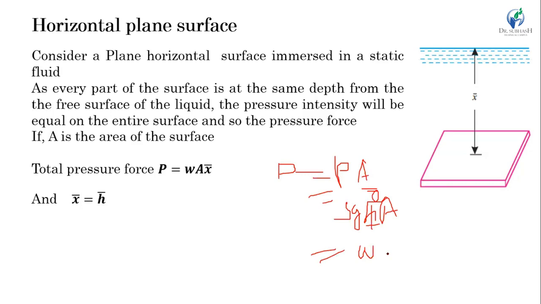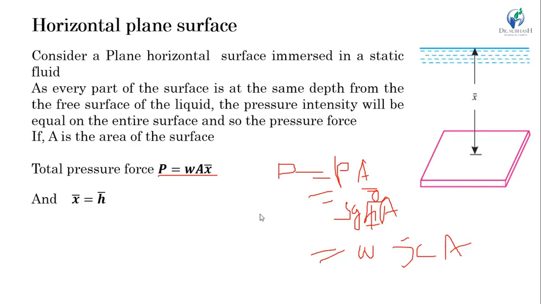So specific weight times x bar times area. So the total pressure force is equal to specific weight times area times x bar, which is the distance of CG from the free surface of liquid, which is the same equation as we have derived in the horizontal plane surface.